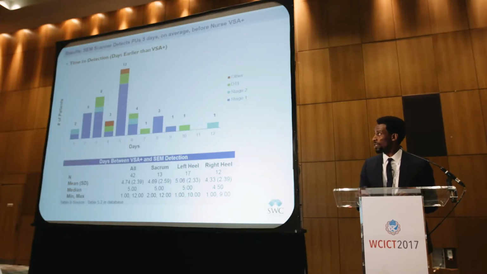Now, the most important slide, and this is actually my favorite slide, really identified the value of the SEM scanner. Out of those 55 patients, the SEM scanner was able to identify pressure ulcers up to 12 days prior to the actual visual identification of the pressure injury.